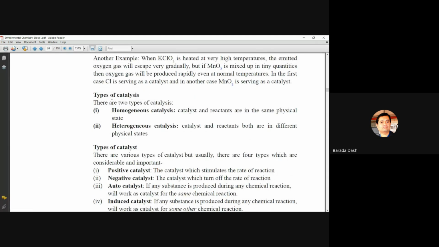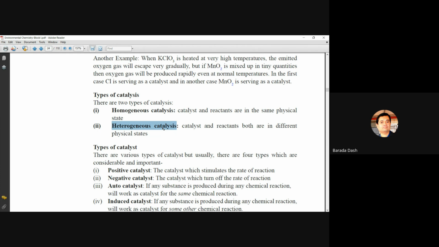There are two types of catalysis: homogeneous catalysis, where catalyst and reactants are in the same physical state, and heterogeneous catalysis. In homogeneous catalysis, if your catalyst and your substrate or reactant are both soluble in water or any solvent, and the reaction occurs inside the solvent, that is called homogeneous catalysis.